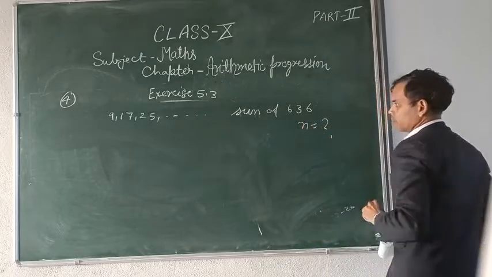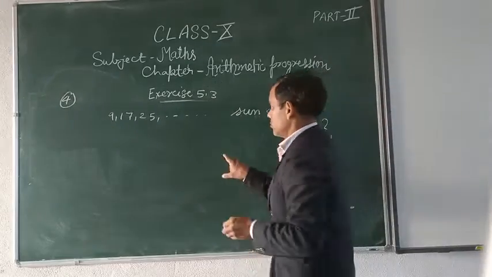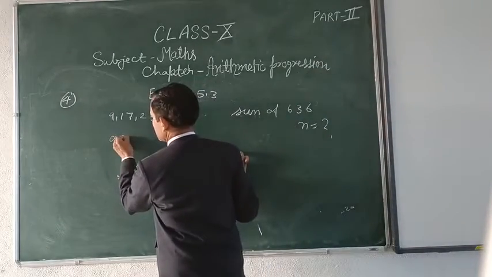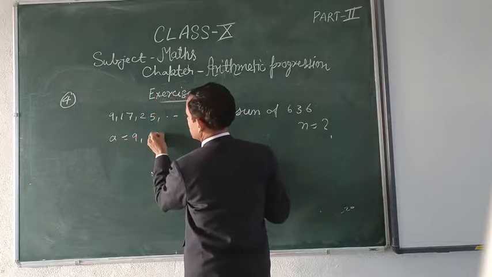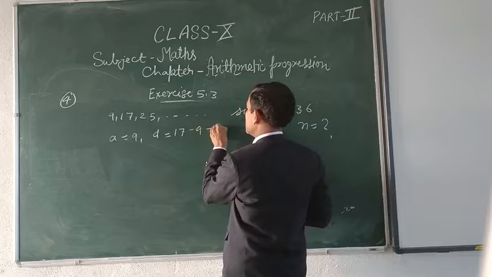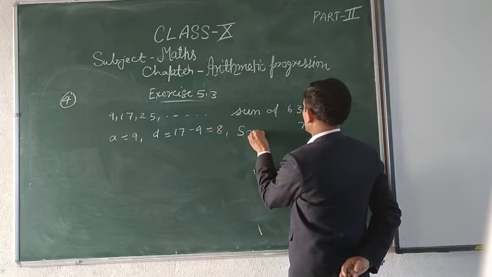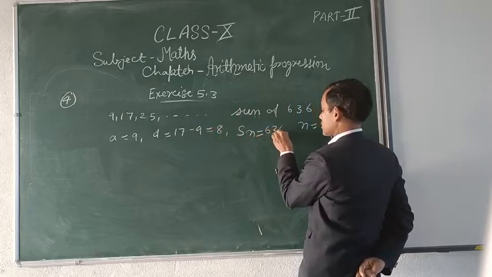So for this particular question, a is given, which is equal to 9, and d equal to 17 minus 9, which is 8. And Sn is given as 636.